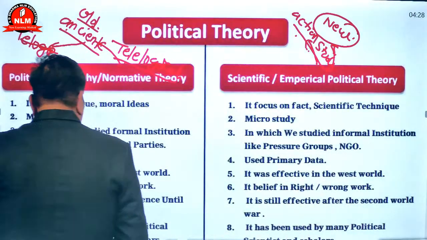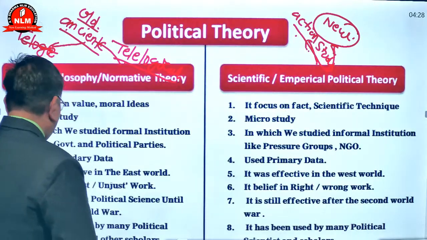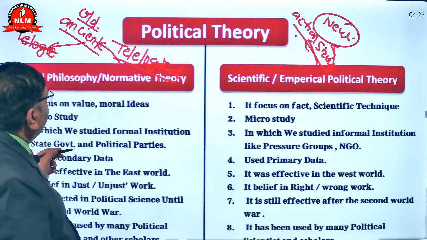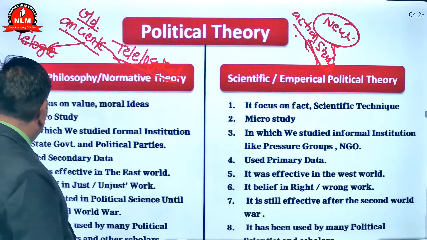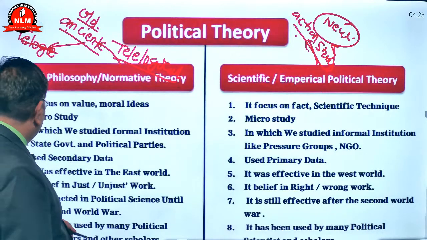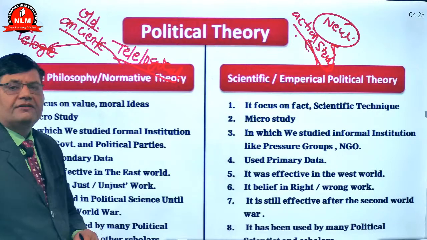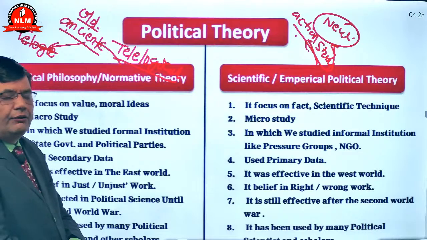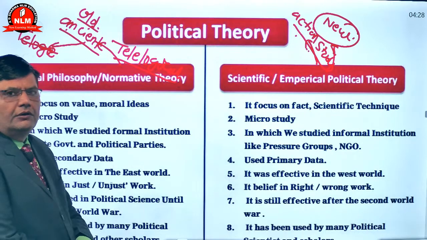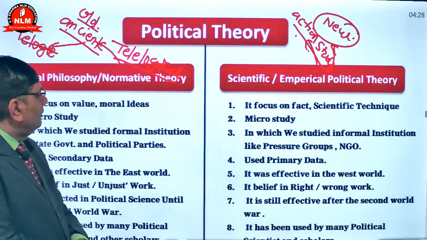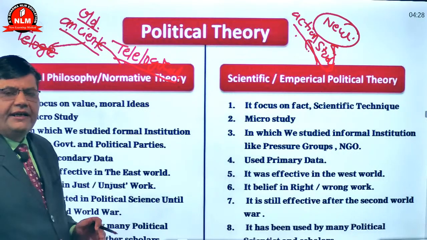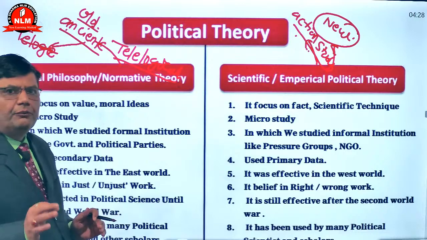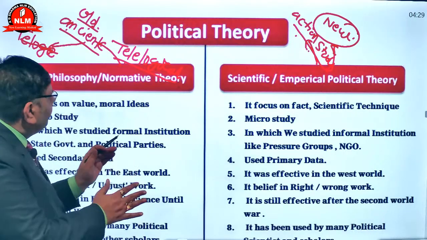It has been used by many political philosophers and other scholars. Political philosophy and normative theory were used by many political philosophers and other scholars like Plato, Aristotle, Thomas Aquinas, Machiavelli, Hobbes, Locke, Rousseau, Bertrand Russell. We can say all Western political thinkers, Plato to Marx, believed in normative political theory.